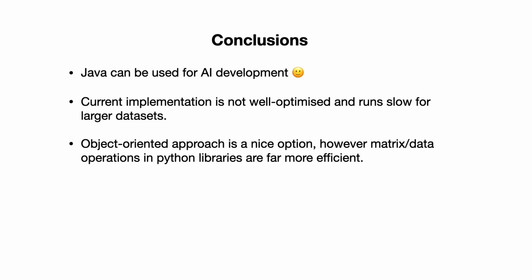Object-oriented programming also can be used, but you can still understand why most people prefer Python and libraries like NumPy, Pandas, because they are much more efficient to perform matrix operations or data operations.